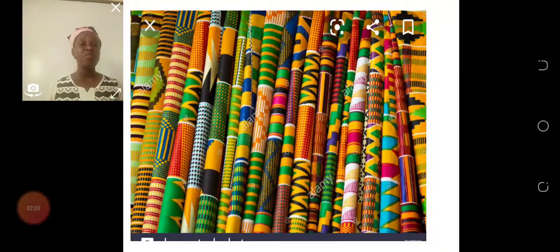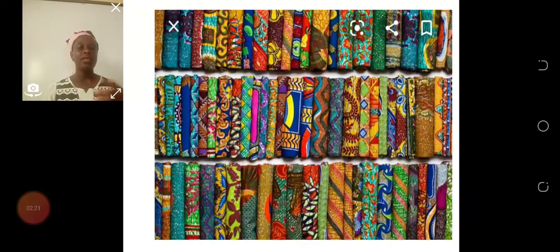And then we have our beautiful kente designs. All these designs are from the local community. They have different designs. And this one too, they are all cloth. You see some of our parents wear them.